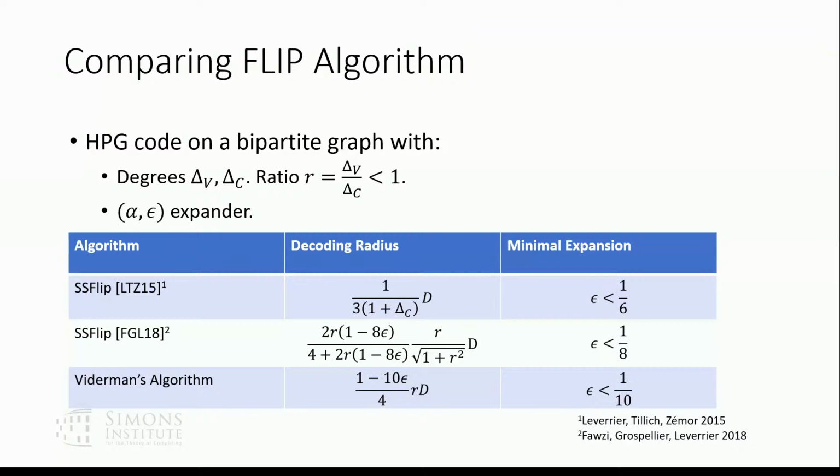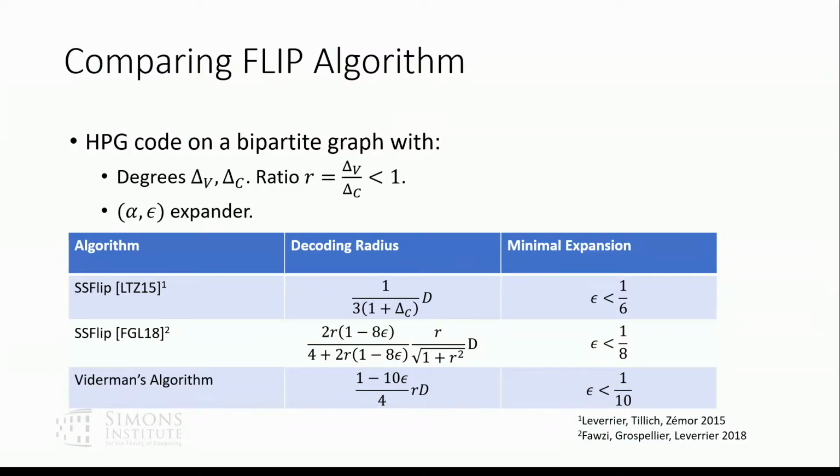Then this is a follow-up work which has better parameters. It's a more complex expression. What's important to note is that R is delta V over delta C, so R is much better than 1 over delta C, but the dependence is more or less proportional to R squared. And we require more expansion: the lower the epsilon, the more you need from the underlying graph.